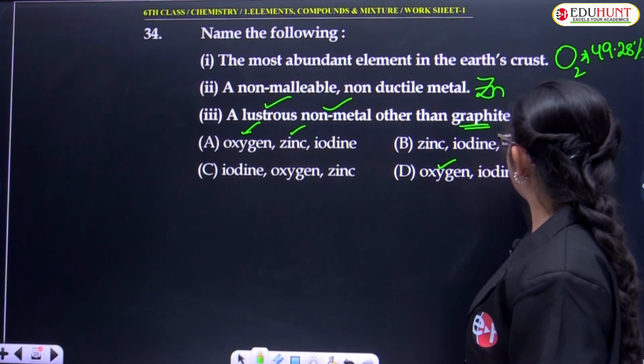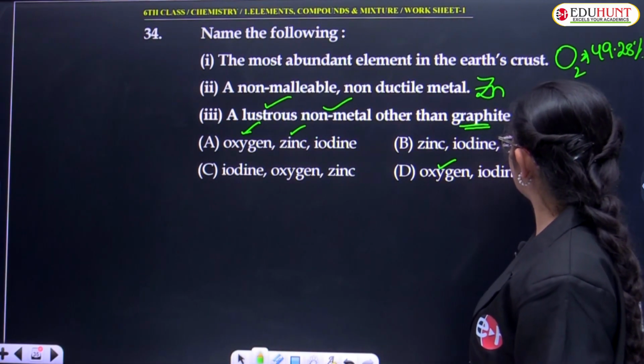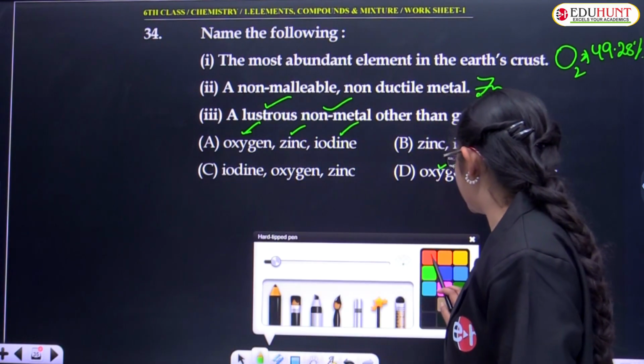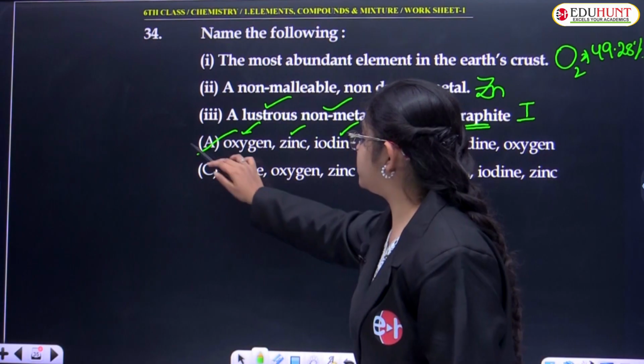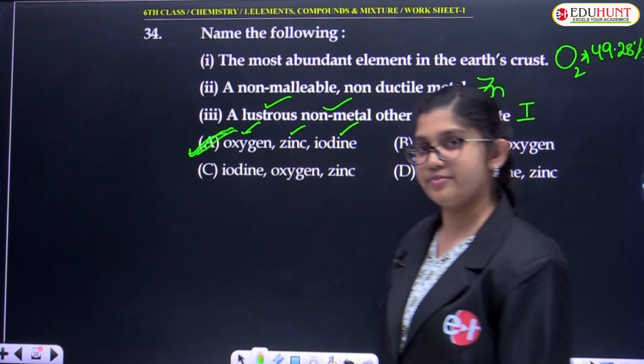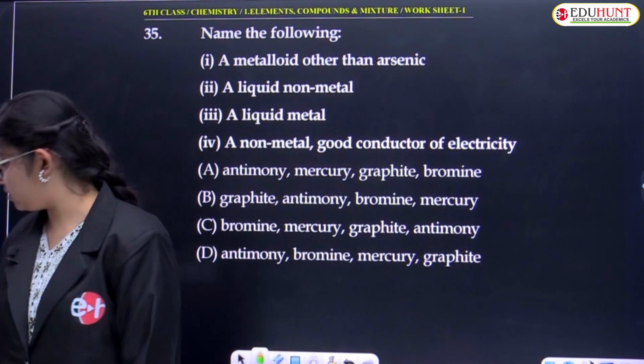So other than graphite is iodine. Option A is the right answer: oxygen, zinc and iodine. Clear, children? Very good. Moving to the next question.